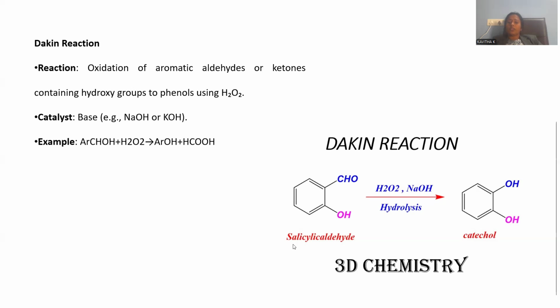Whenever the starting material taken is salicylaldehyde, the product formed is catechol, that is ortho-hydroxyphenol, which is called catechol. This is the way hydrogen peroxide transforms an aldehyde into a hydroxyl compound, so the Dakin reaction is the most suitable synthetic approach for converting an aldehyde into an alcohol. You can clearly observe the example pertaining to the Dakin reaction.